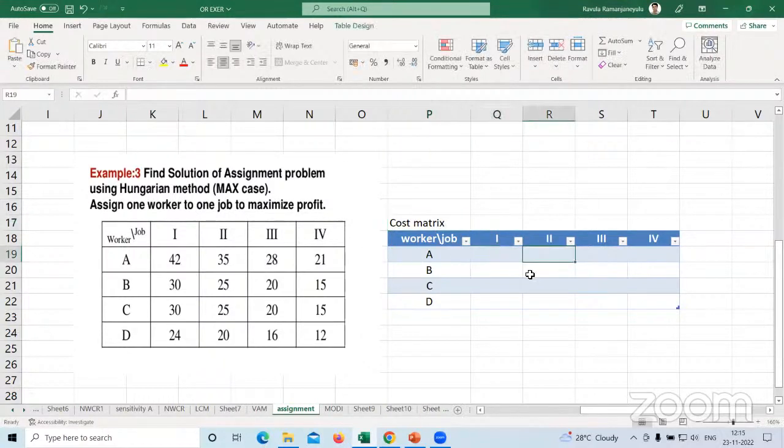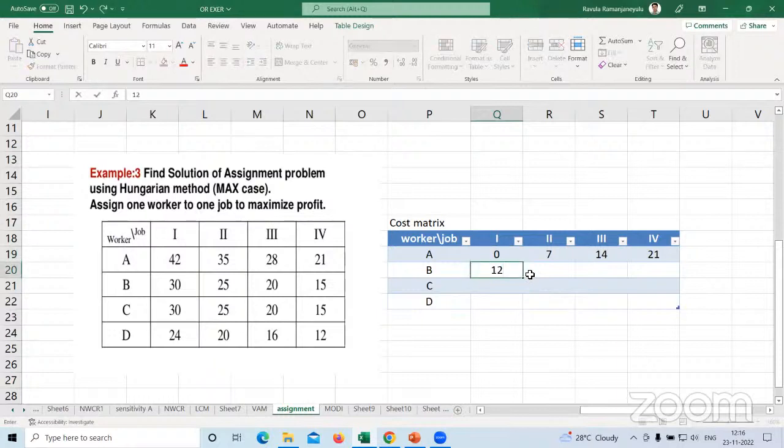This is 0, this is 7, 40, 21, 0, 0, 5. 42 minus 30, 12.